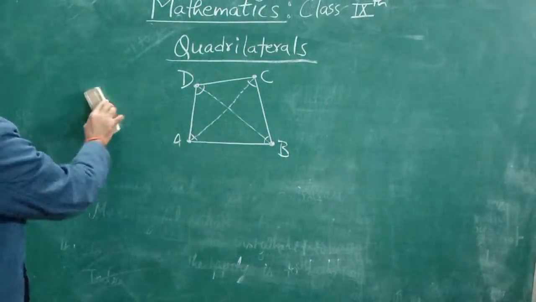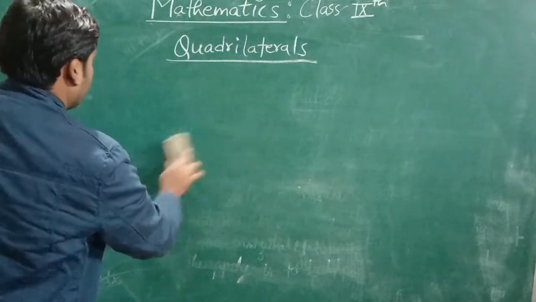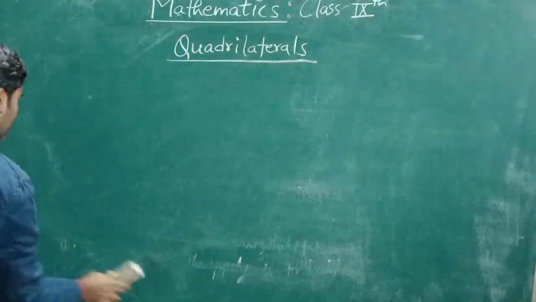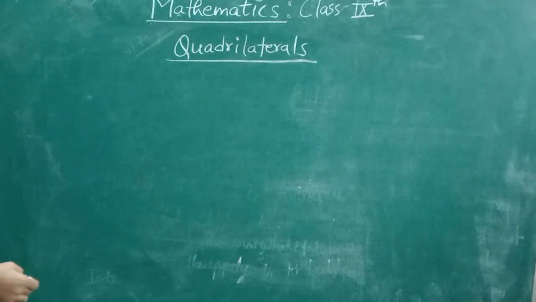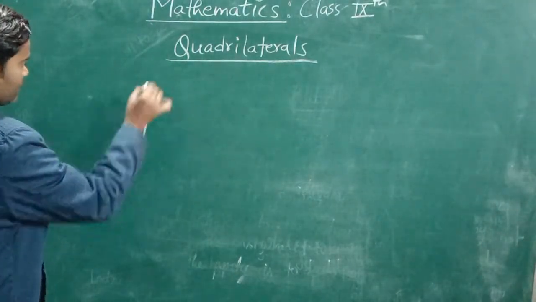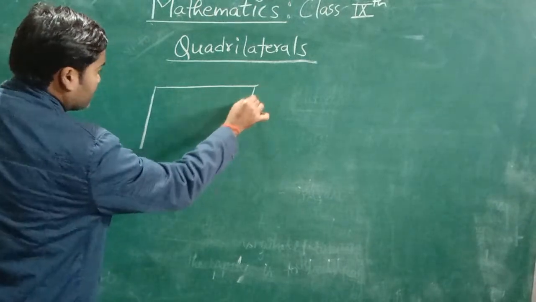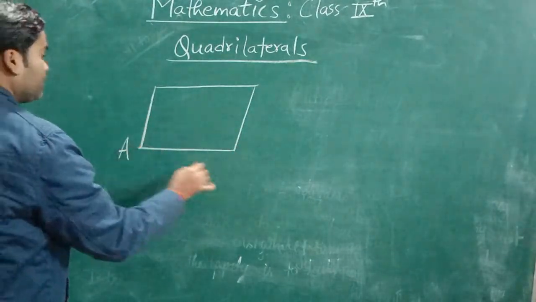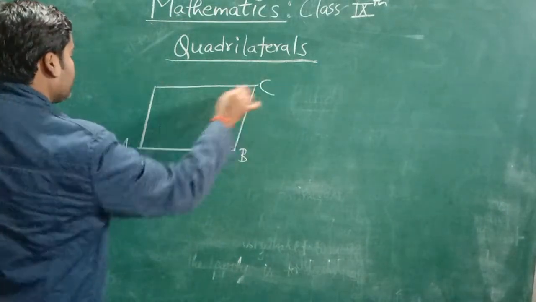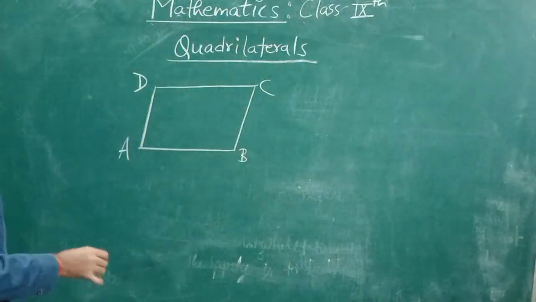Let us take a quadrilateral with base AB and whose opposite sides are parallel. So here ABCD is a parallelogram.